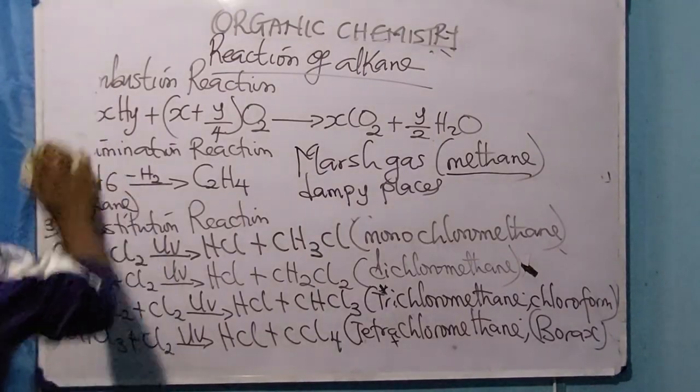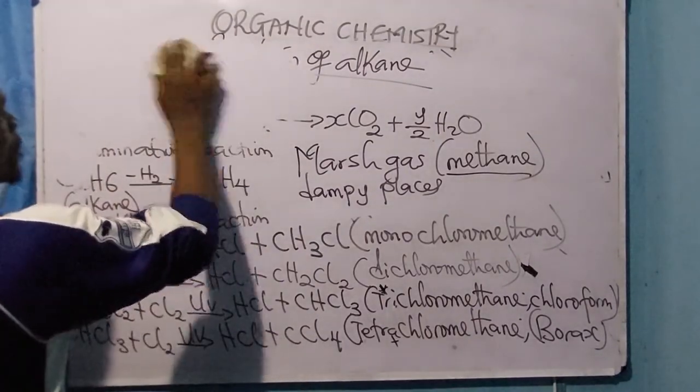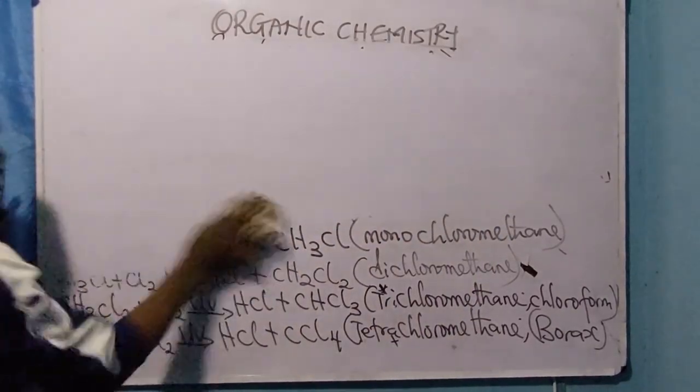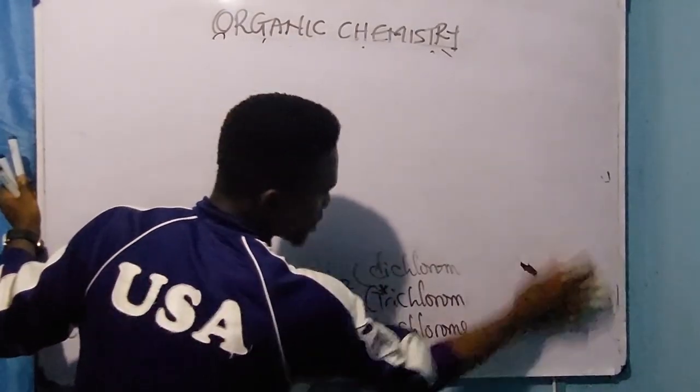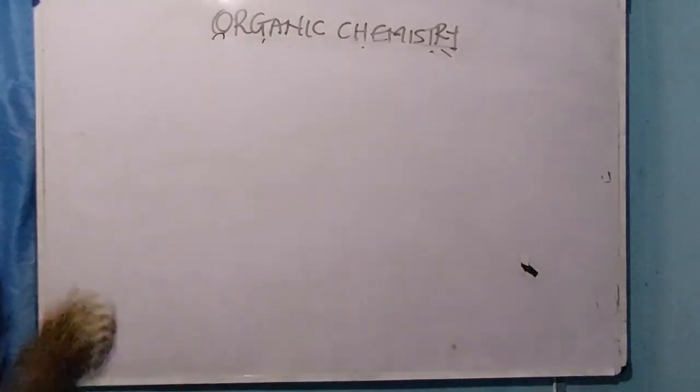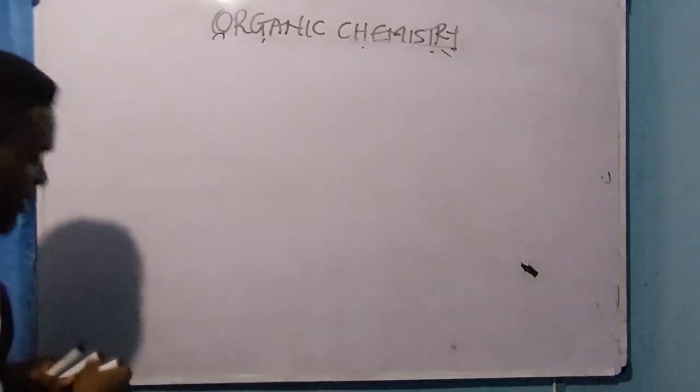Now the next thing we are to treat right now is the distinguishing test of alkanes and alkenes. Now, in what ways can we distinguish alkanes and alkenes?